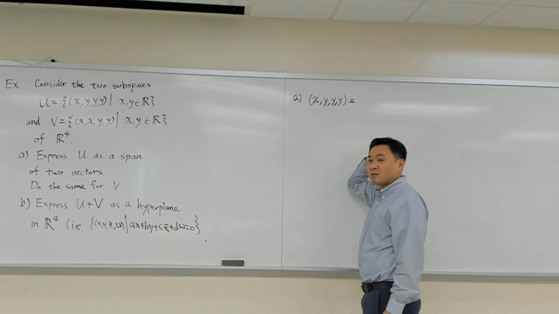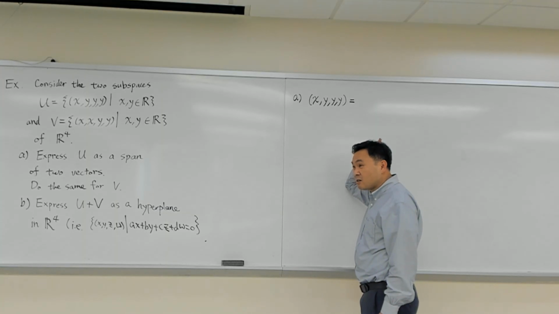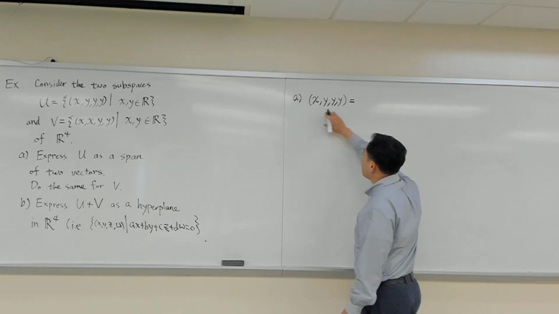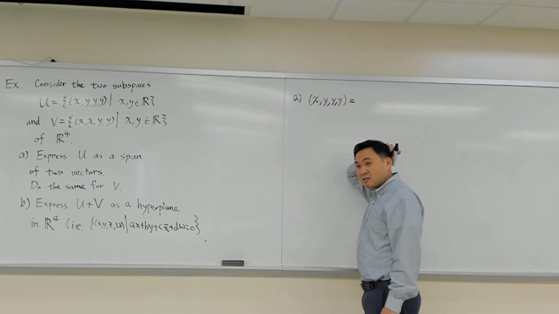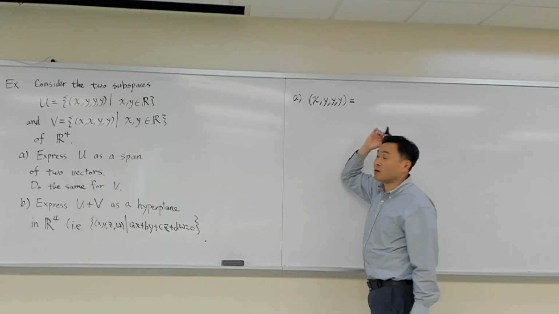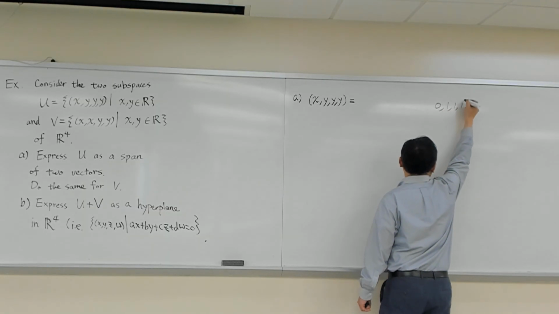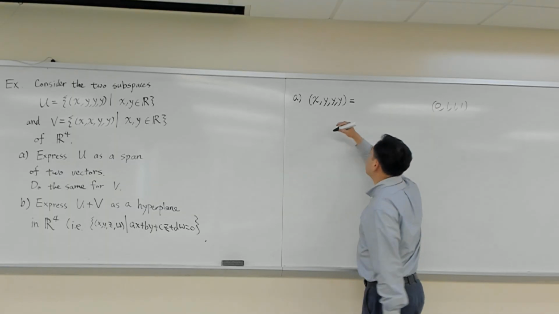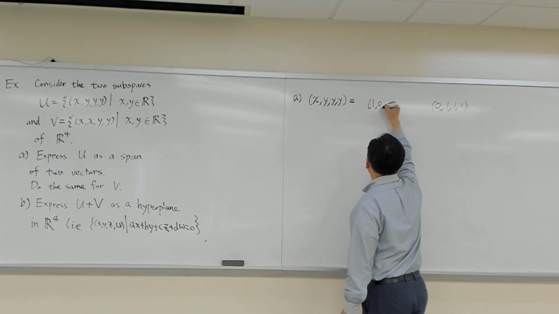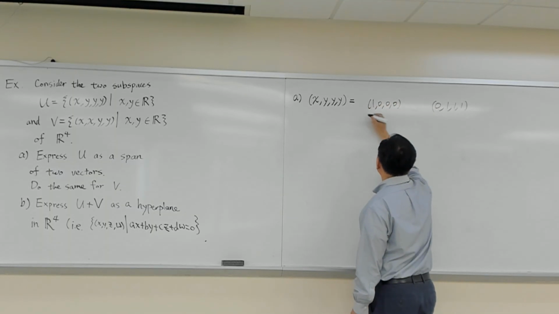Anyone? Zeros? Now, if you have everything zeros, you can't represent this. This is not good. 0, 1, 1, 1. Okay, let's choose that as the second one. 0, 1, 1, 1. What's the other one? 1, 0, 0, 0. Yeah. And what's the coefficient?